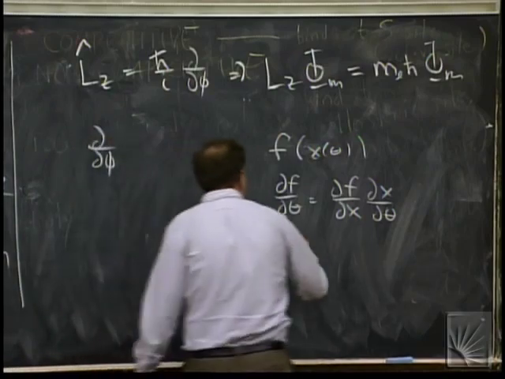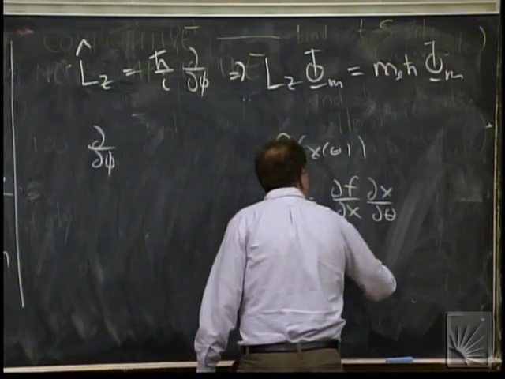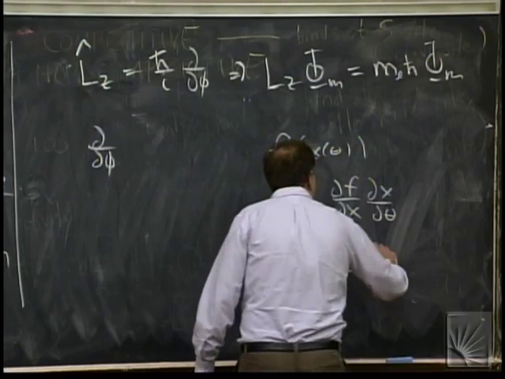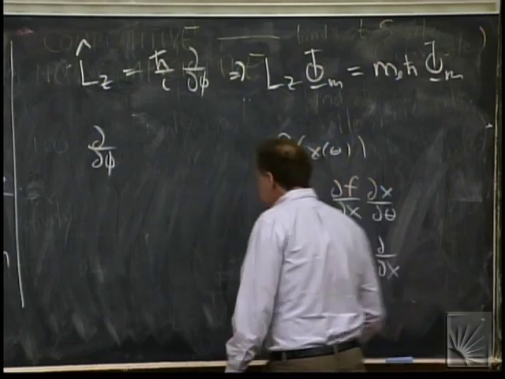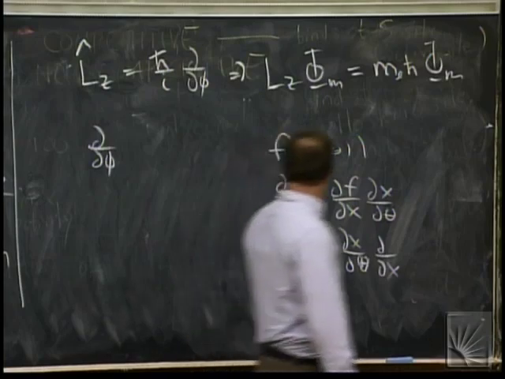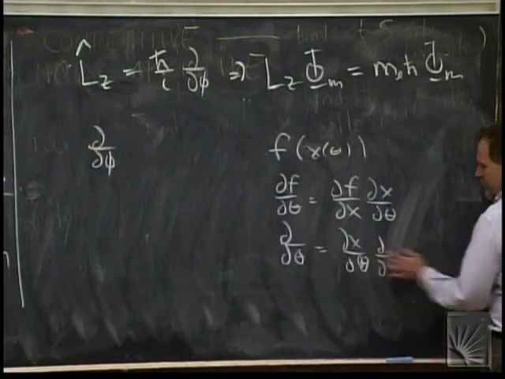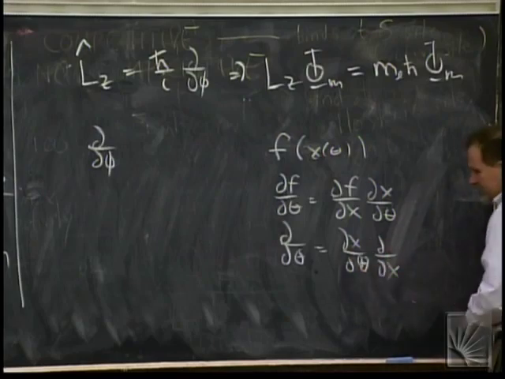So I can think of d by d theta as being dx d theta d by dx. This is just sort of chain rule of calculus, but you may not have thought of it exactly this way. And so even though, with apologies, some of you may not already know this, I just wanted to repeat that. So that's how I'm going to switch from one coordinate system to the other. d by d theta, I do dx d theta, d by dx.